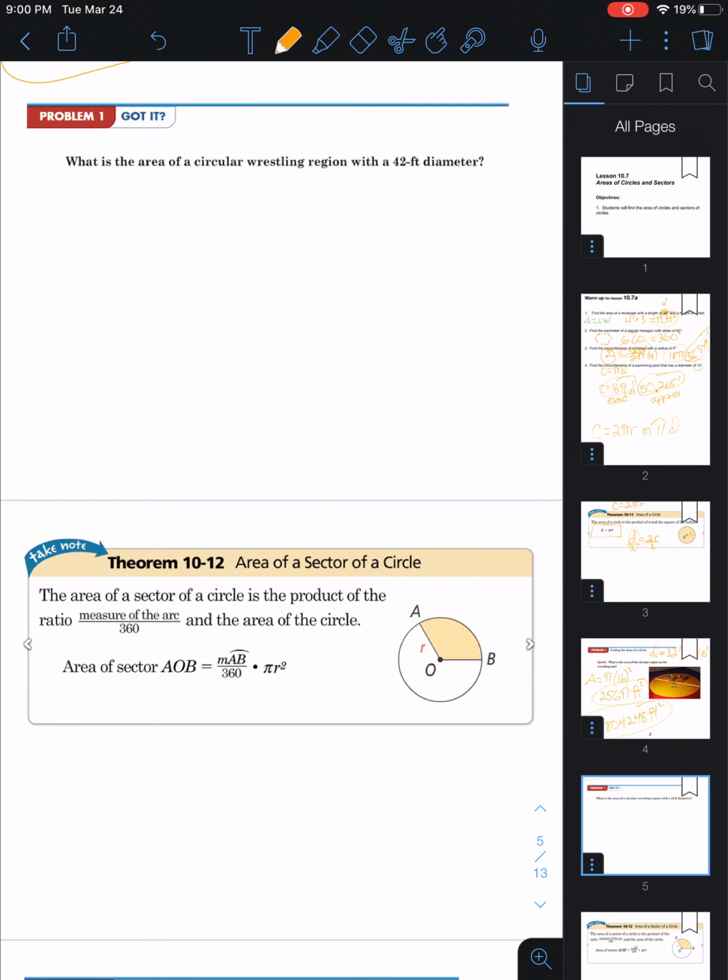All right, this time the circular wrestling region would be 42. So we would have a 42 diameter, and so our radius is 21 feet. 42 feet, half of that's 21 feet. So our area is pi times 21 squared. 21 squared is 441 pi.